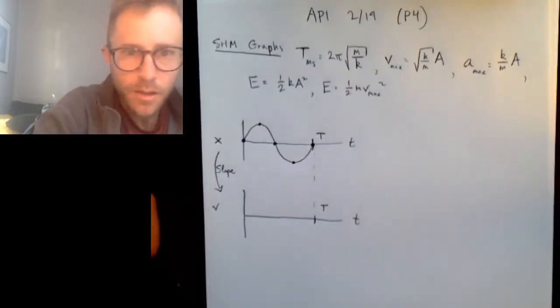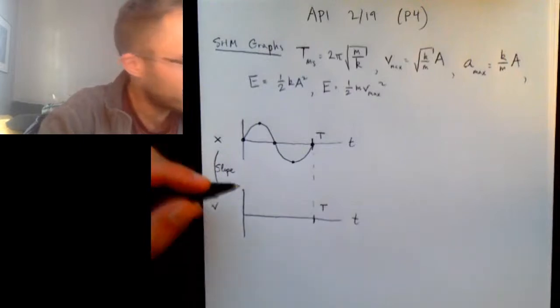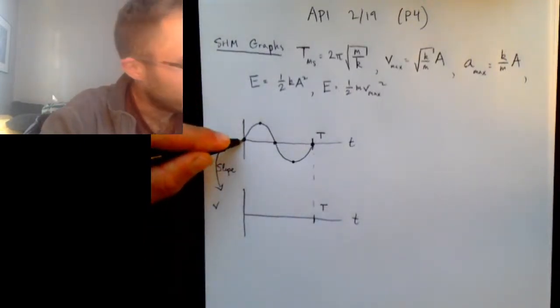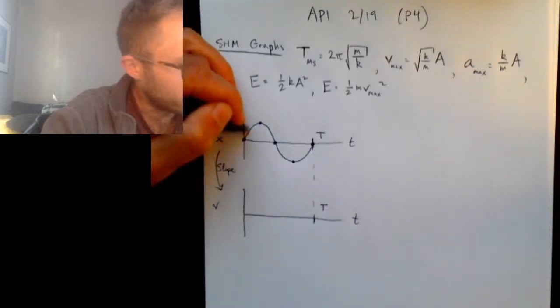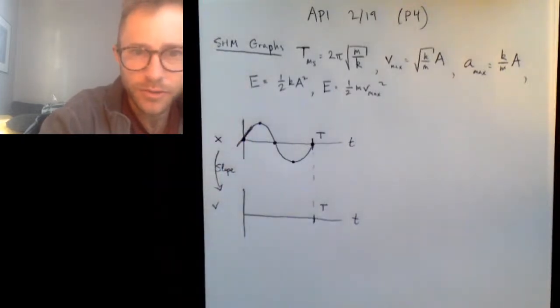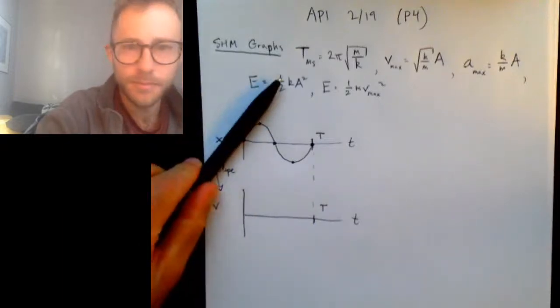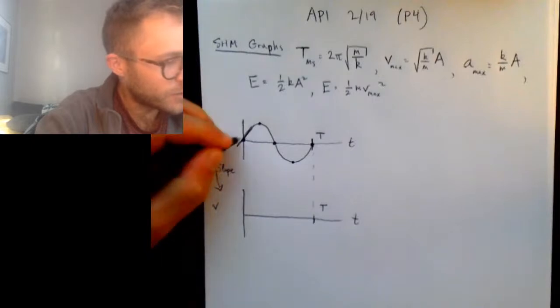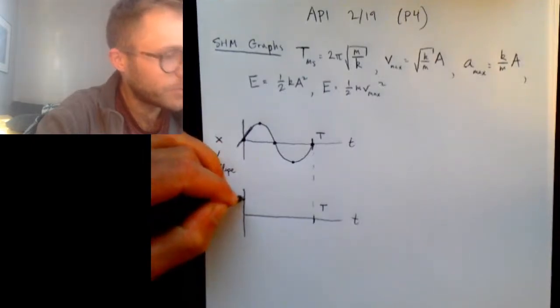If I look right here, at this point the slope is positive. That's sloped up, so that means the value of the velocity at this location is positive.